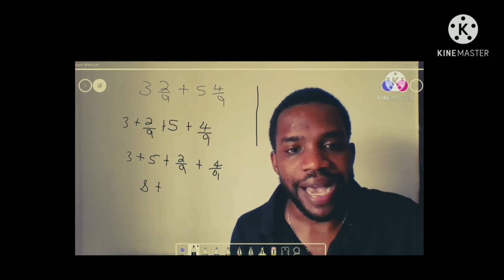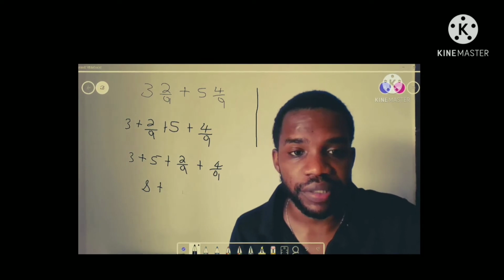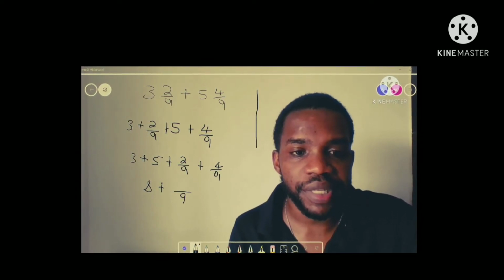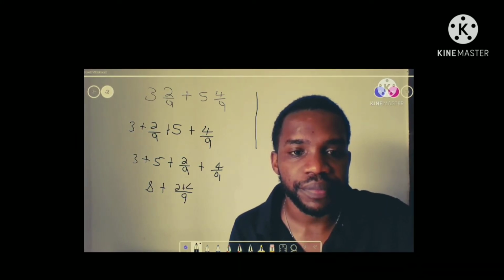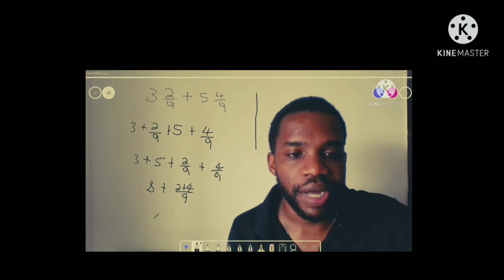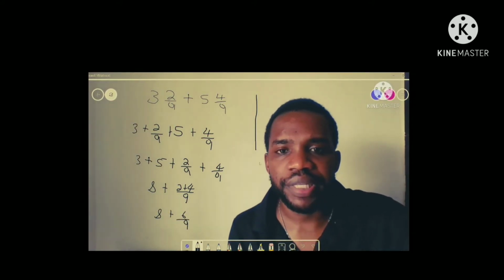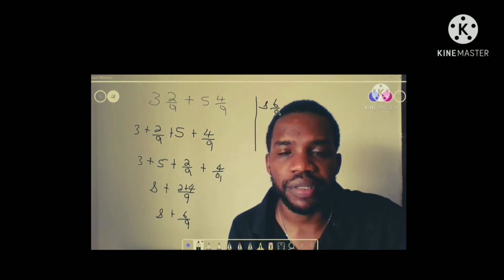Now, we know from adding proper fractions that once fractions have the same denominator, we simply just combine the numerator. So my denominator is going to be 9, and I'm going to combine my numerator. So I'm going to have 8 plus 6 ninths, which really can just be written as 8 and 6 over 9.